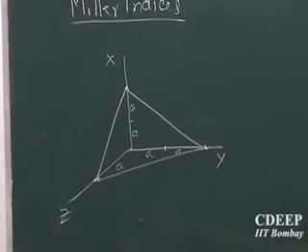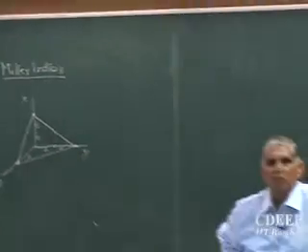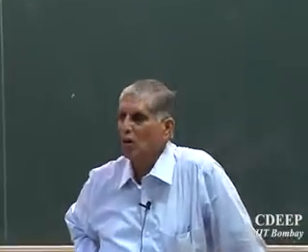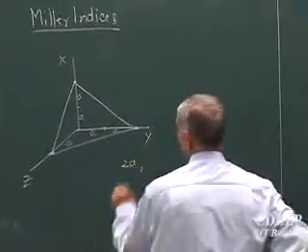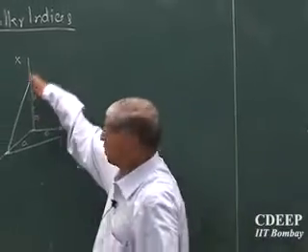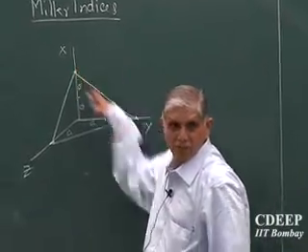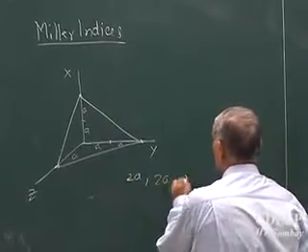So what we do is figure out the intercept value of your plane on each axis. How much is the intercept on the x-axis? 2a. How much is on the y? 2a. And how much on the z?